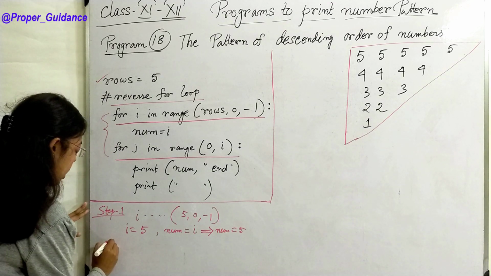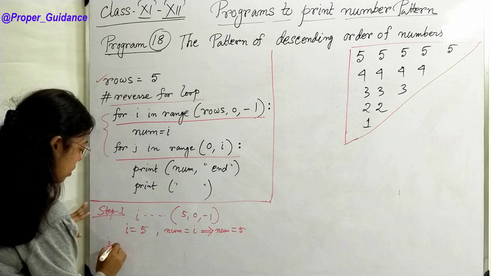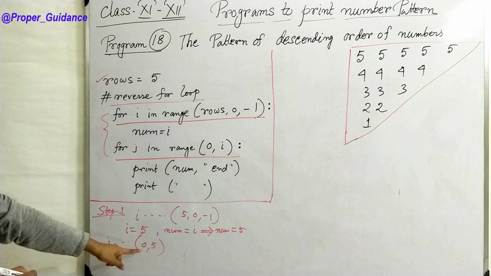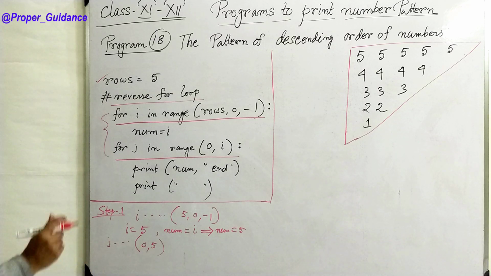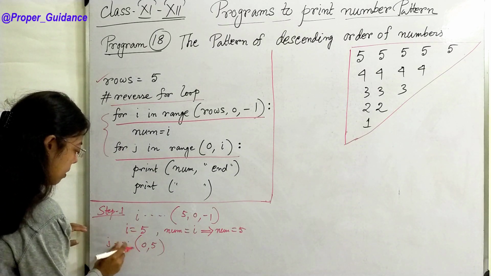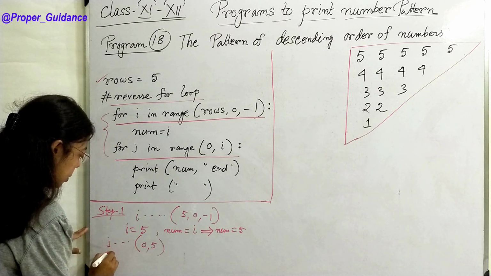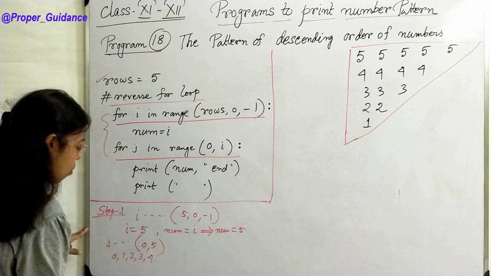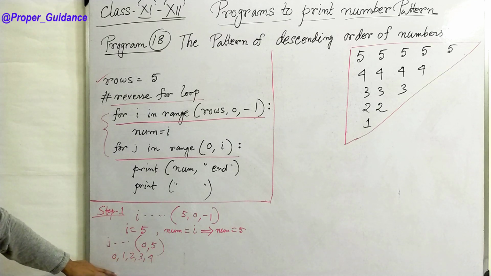Now for j, what is the range of j? j is ranging from 0 to 5. We know that it will take the values 0, 1, 2, 3 and 4, total 5 times.